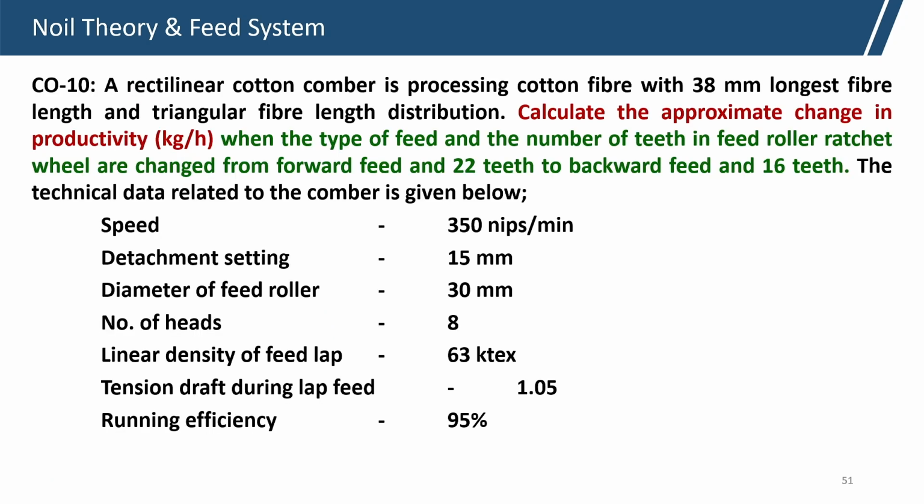Next, Noil theory and feed system combination. So, these are the data given. A rectilinear cotton comber is producing cotton fiber with 38 millimeter longest fiber length and a rectangular fiber length distribution.